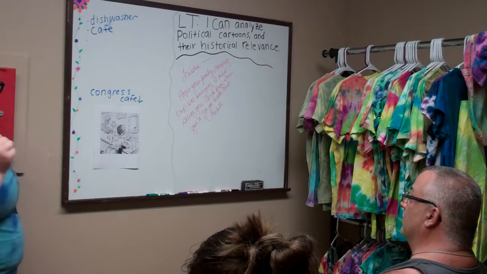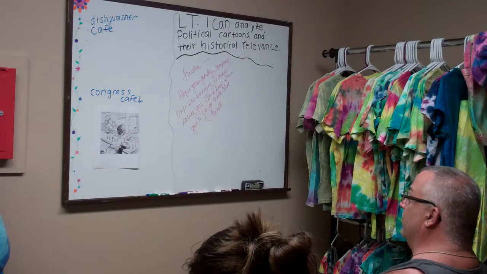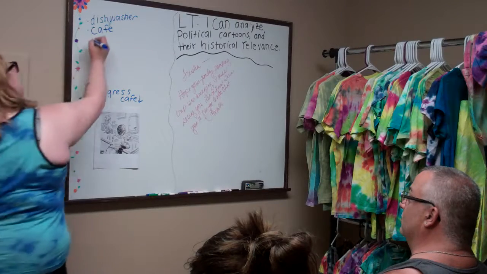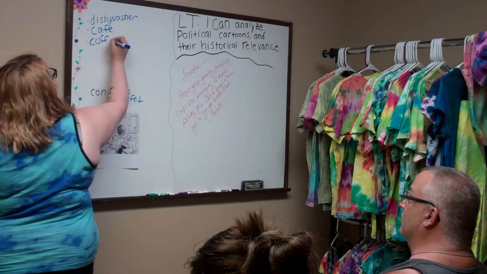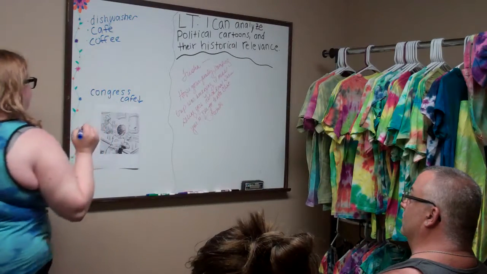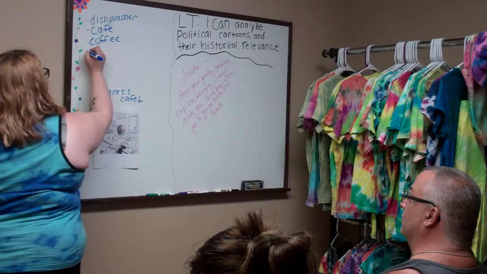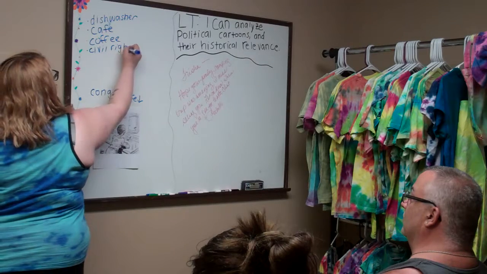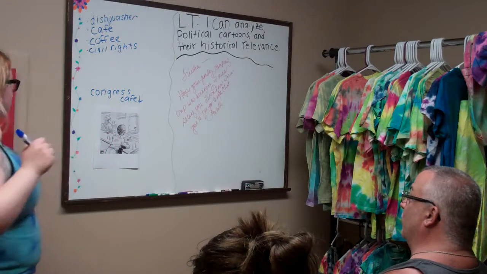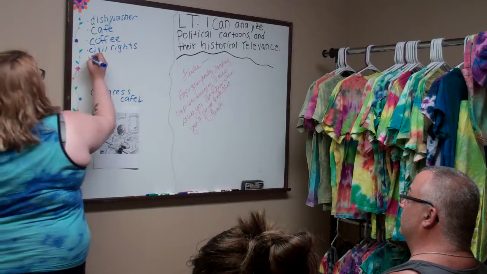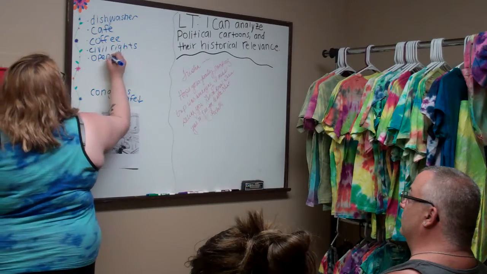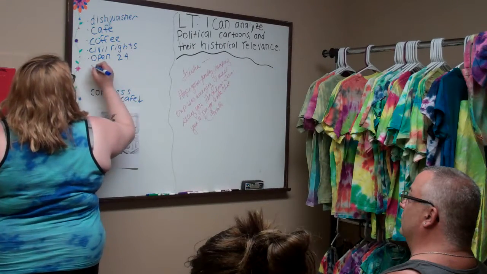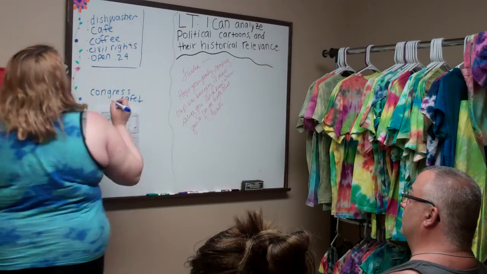What else do you see? Coffee. Coffee? Yeah. Do you see any words in it? Civil rights. Civil rights, interesting. Do you see any other words in it? Open 24 hours. Open 24 hours. Okay, so these seem to be kind of the important things.